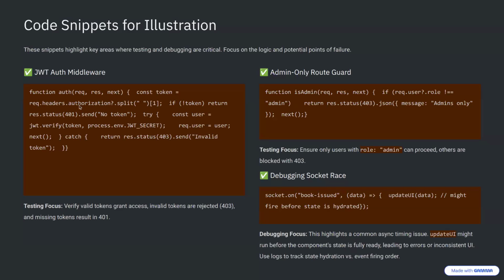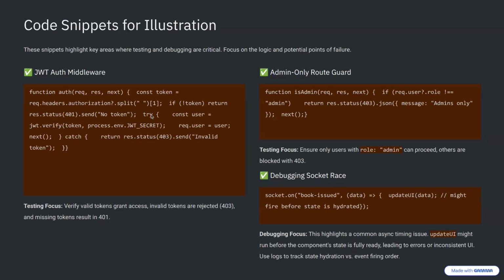So here we are saying that we are creating a token. How do we create a token? We get that from the authorization header, we split it and take the second index as the token, because the first index is normally the bearer. So if the token is not there, we return a status code 401.